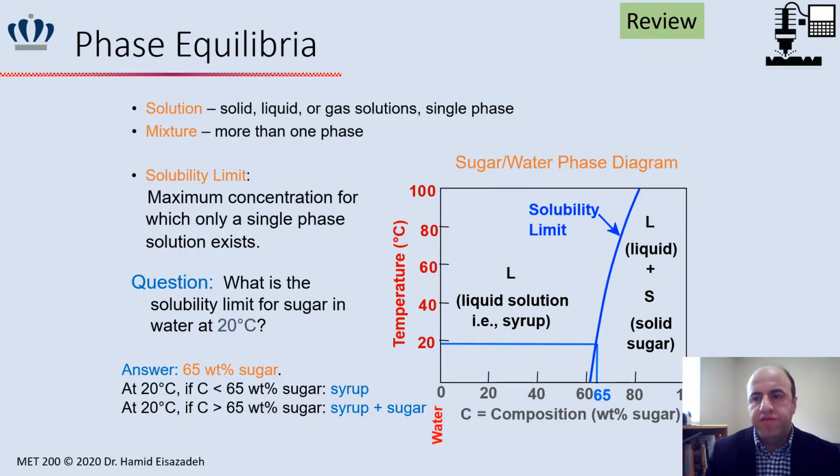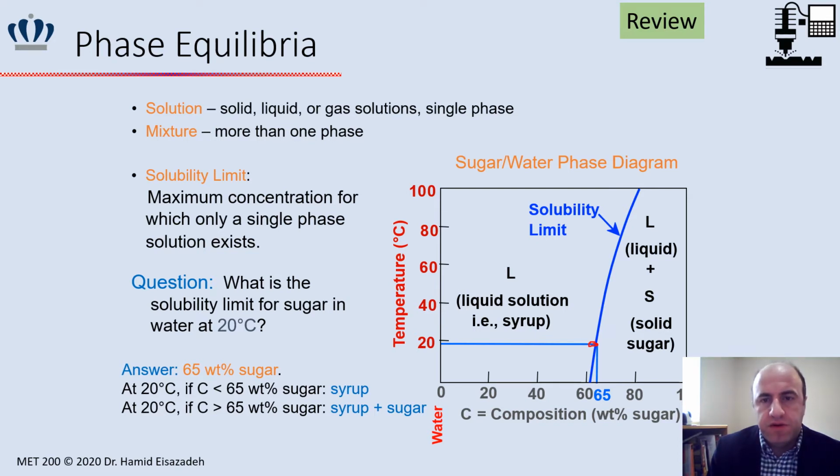A little review from the previous session. We talked about phase diagram, and this is a sugar water or syrup phase diagram. The water sugar has a solubility limit at room temperature, up to here 65% of sugar can be added to the water, but if you raise the temperature, the equilibrium system is upset temporarily.